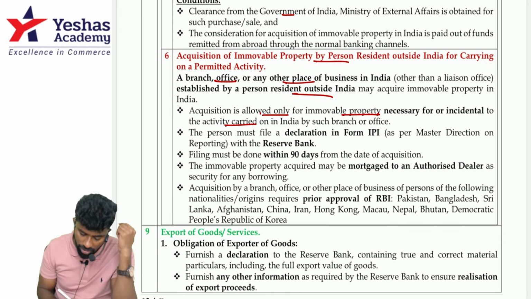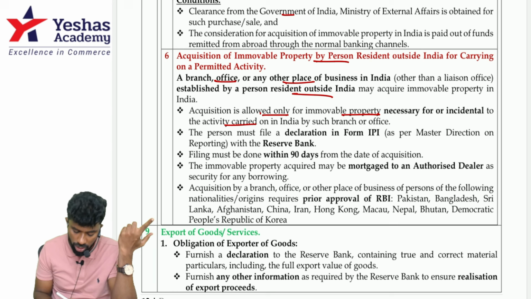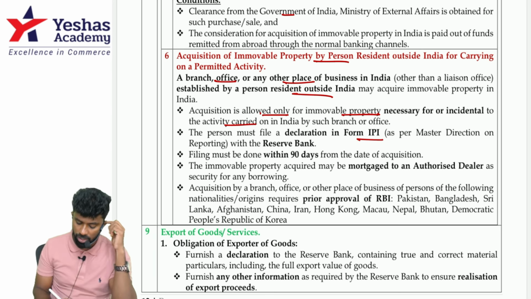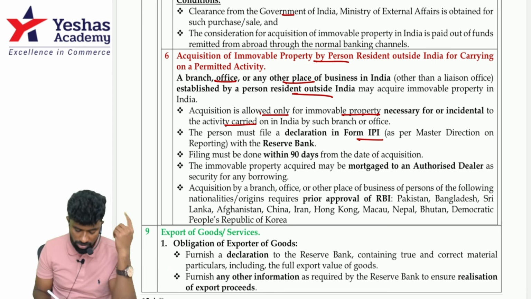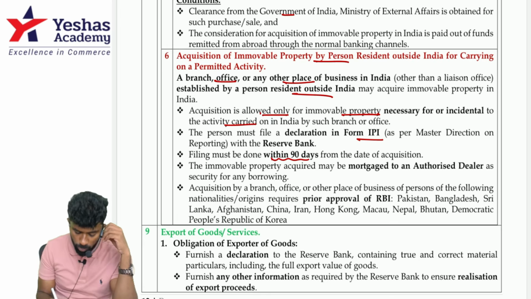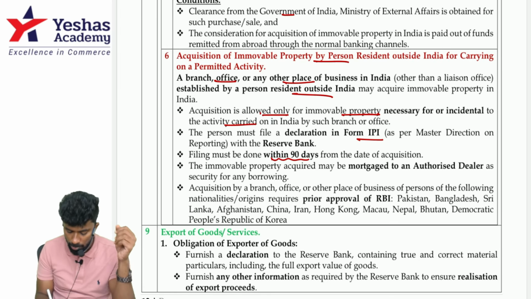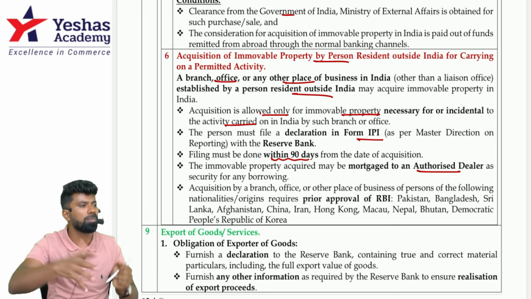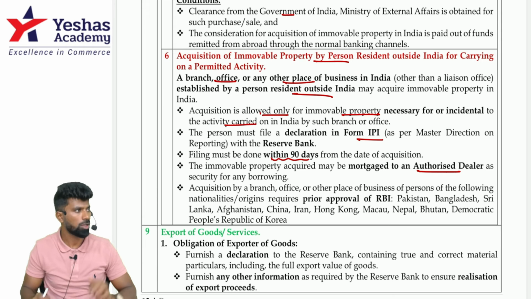For the activity carried on in India by such branch or office, the person must file a declaration in Form IPI with which bank? Reserve Bank. Filing must be done within how many days? 90 days. The immovable property acquired may be mortgaged to whom? An authorized dealer. It means you can take money by mortgaging your property from the authorized dealer.